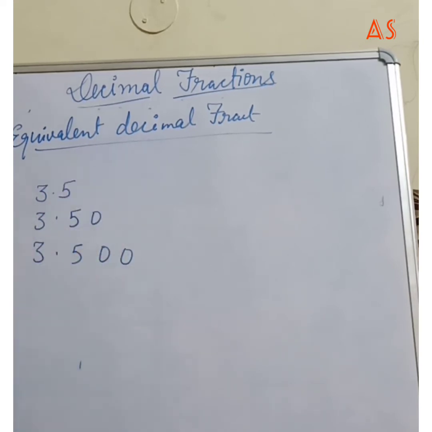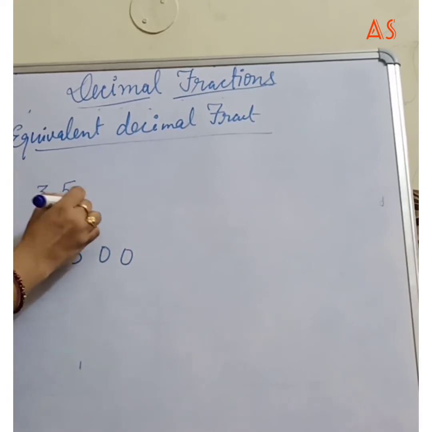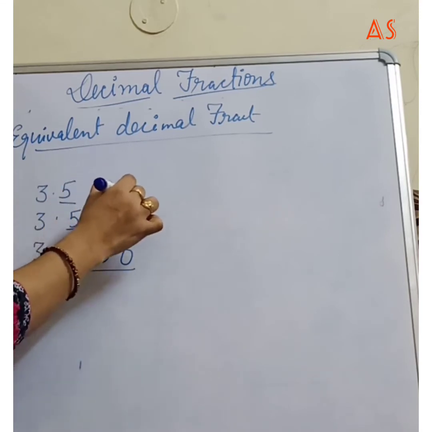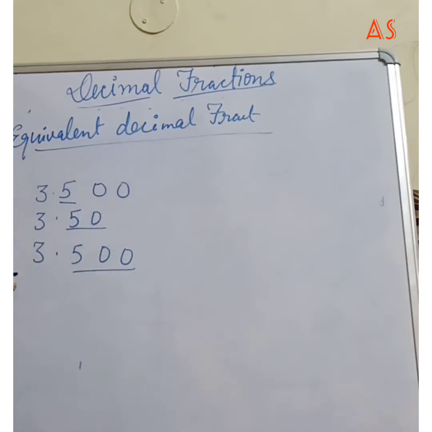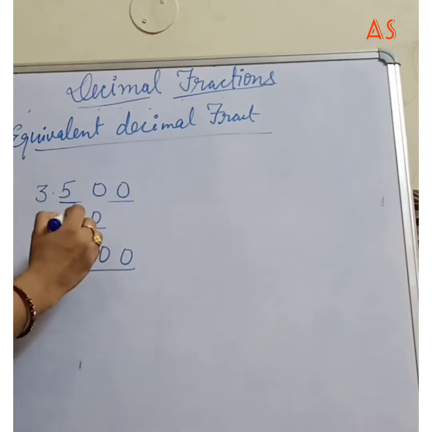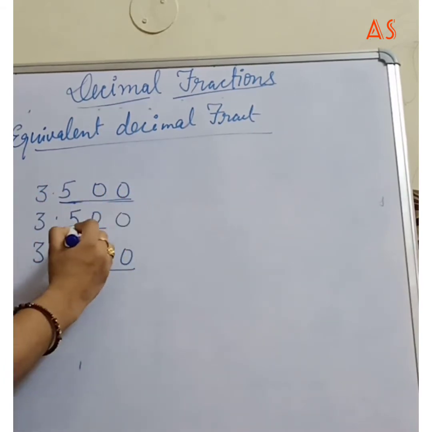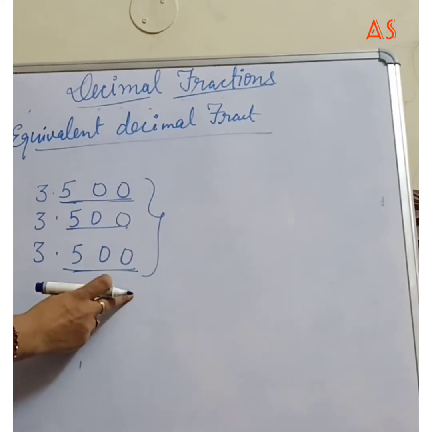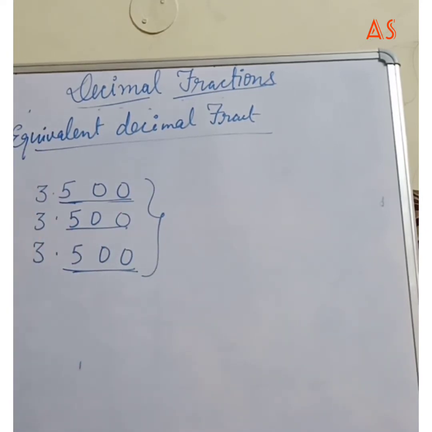Now you can check, these are unlike, and an unlike fraction we can change into like. How? Here 1 place, here 2 places, here 3. So we can insert zeros after the decimal ourselves. Always in a decimal we can insert zeros ourselves. So now 3 places, 3 places. Here also we can insert. Now 3 places, 3 places, 3 places. This is called equivalent decimal fractions. Okay, and like fractions are also there.